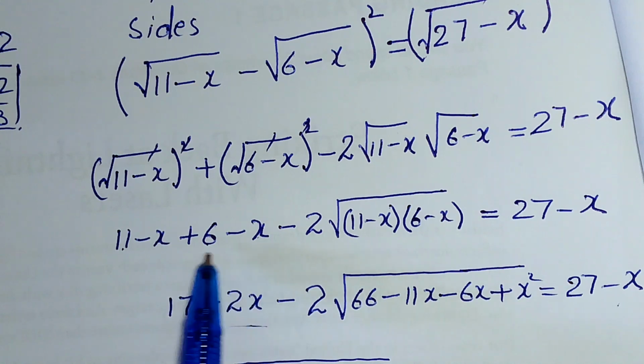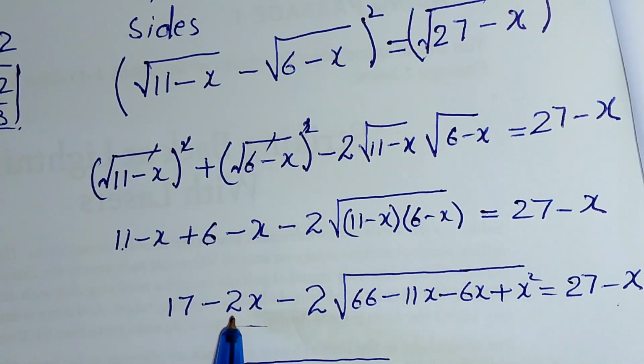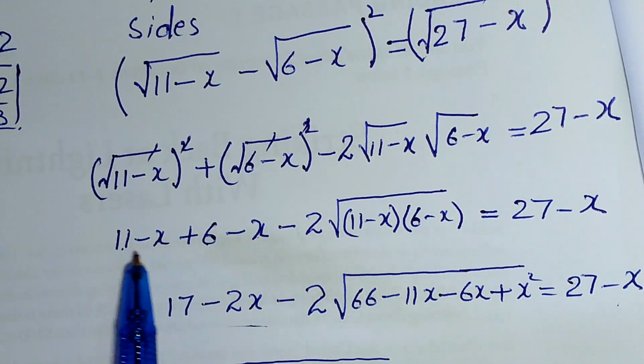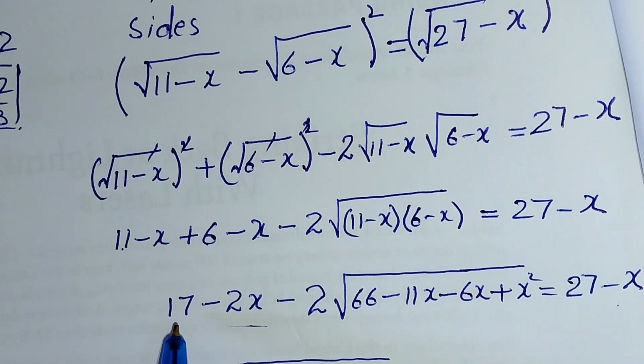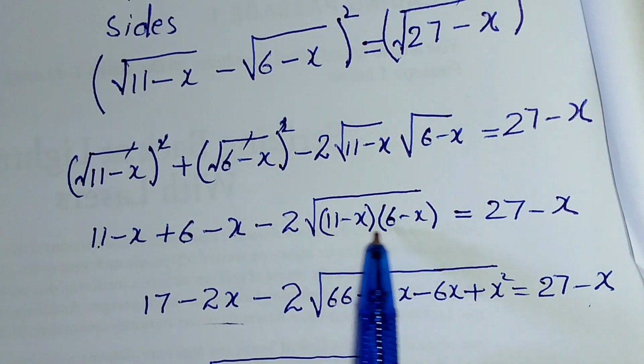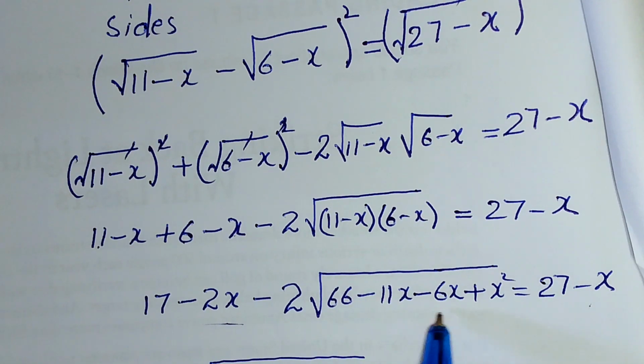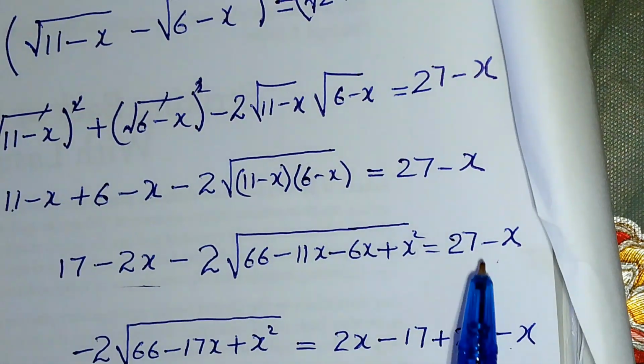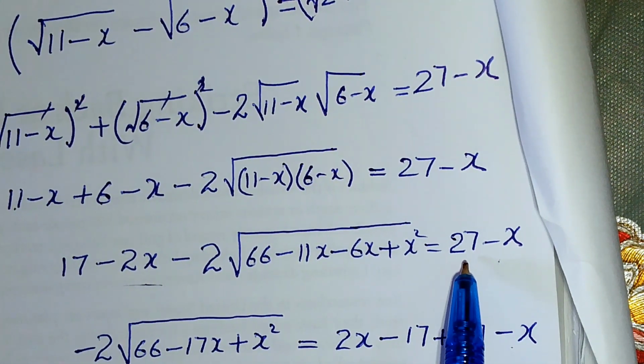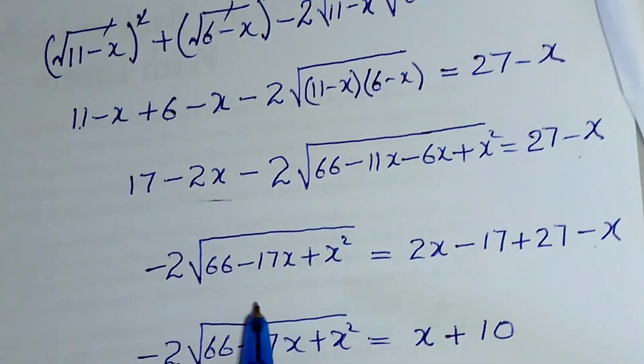Okay, now by simplifying this, minus x, this will become minus 2x. 11 plus 6, this will give us 17. So minus 2 under root, by multiplying these two values with each other, we can write it here. This will be equal to 27 minus x.